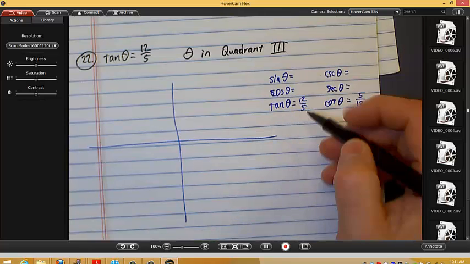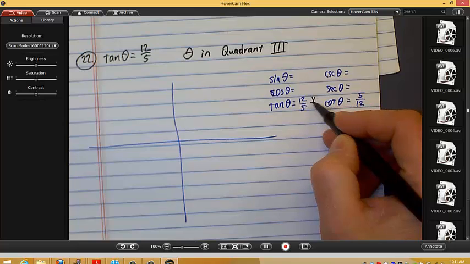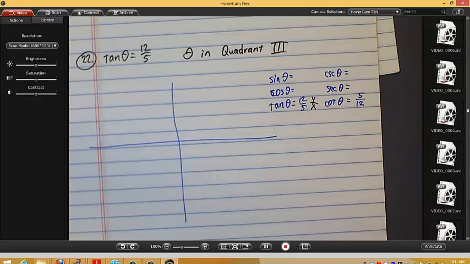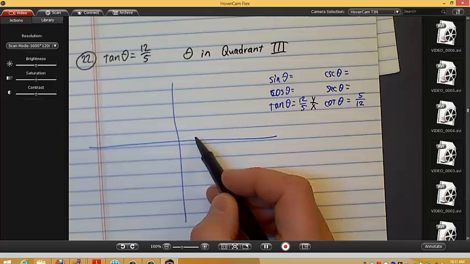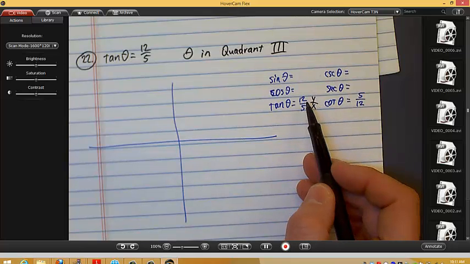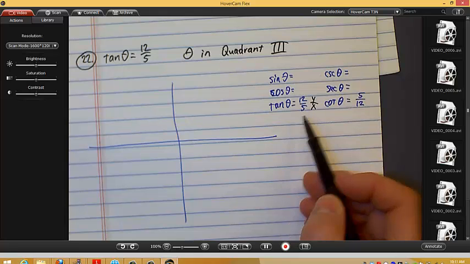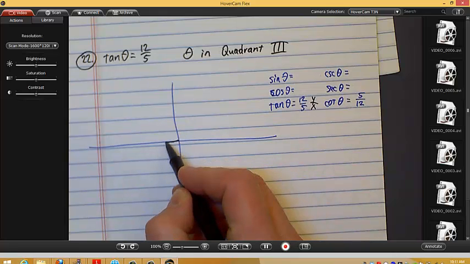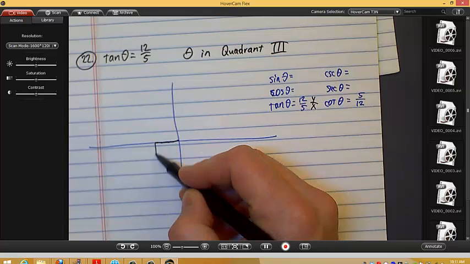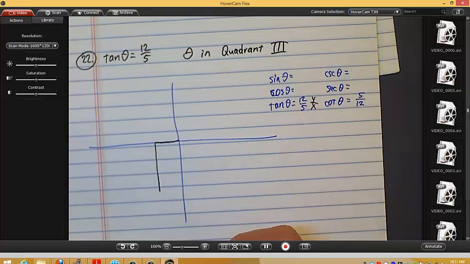The tangent is y over x. So let me draw theta, and let me make the y equal to 12 and the x equal to 5. In other words, my x is not as big as my y. Okay? You guys see that? So that's 5.